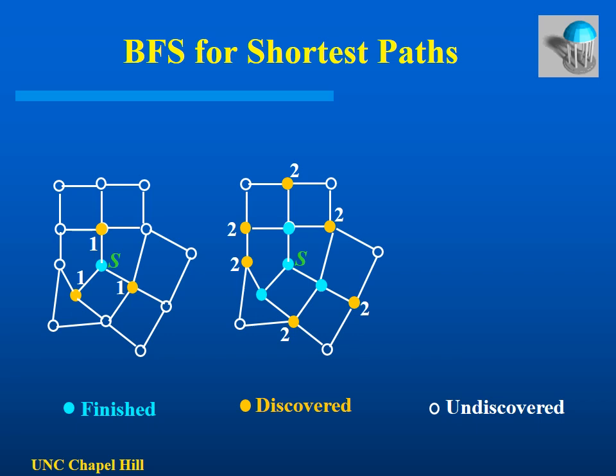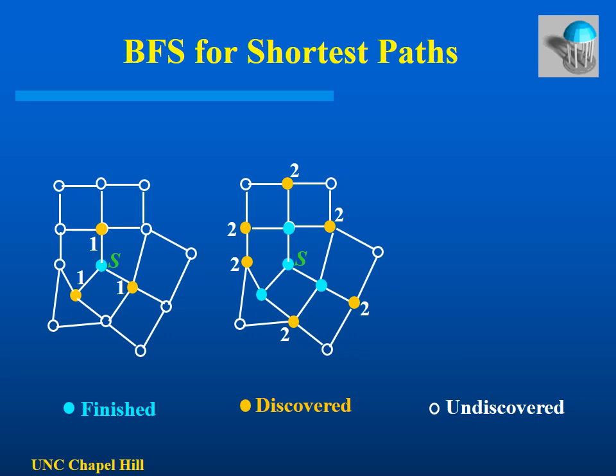Now we see the state when each of those formerly discovered colored nodes have been taken off the queue, and for each of them the adjacent elements have been put on the queue.